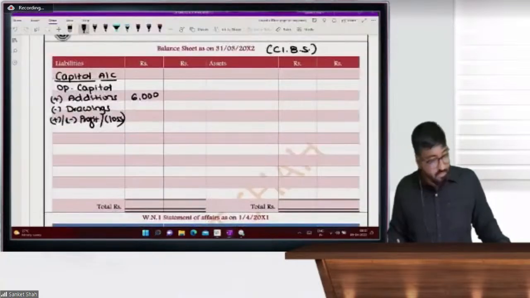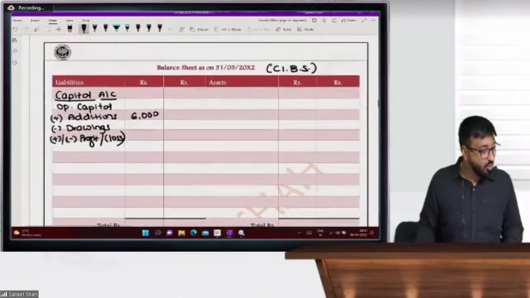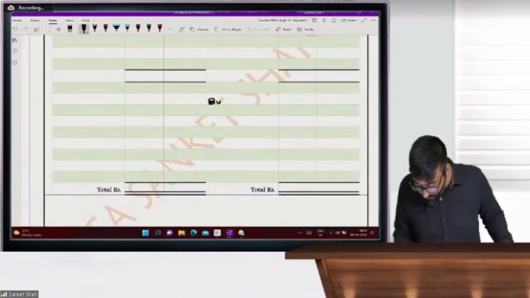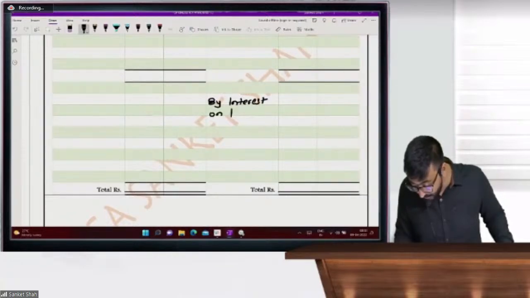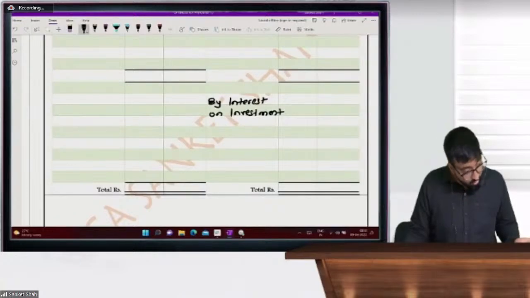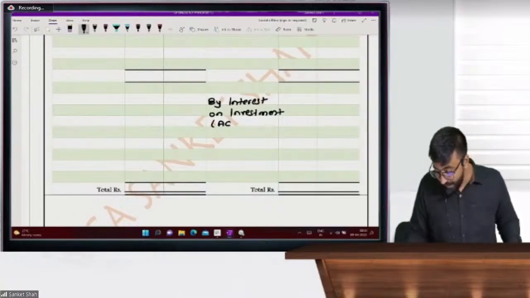Interest on investment, received and accrued, are the same in P&L, beta, second line, because gross profit is for the first line. By interest on investment, beta, is this received or accrued? This is received in P&L. Received, beta? This is accrued in P&L.